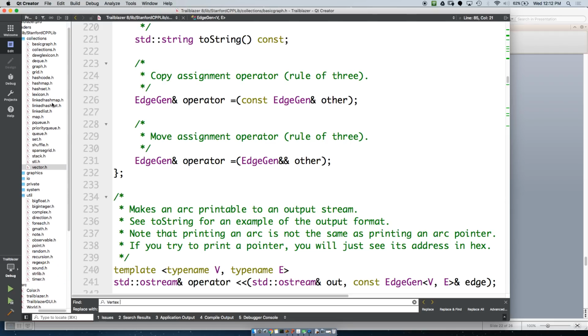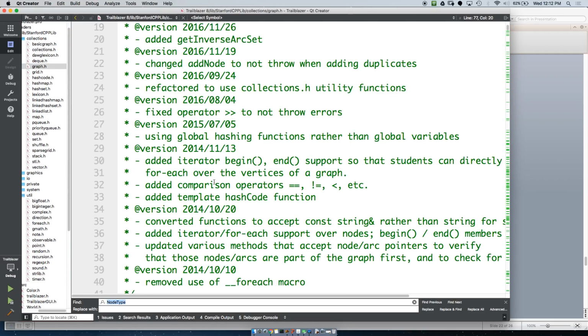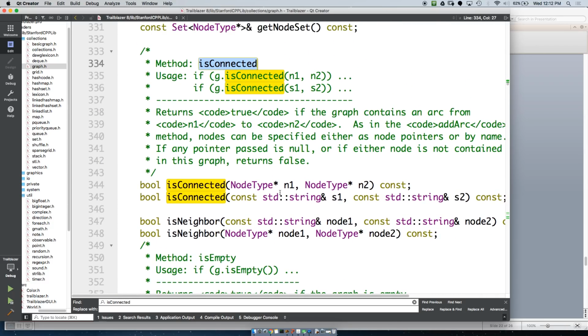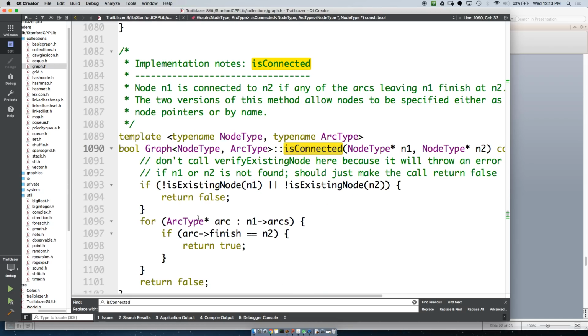So if you go back to graph and you want to see if two points are connected, you have to go through all of the edges in that vertex.